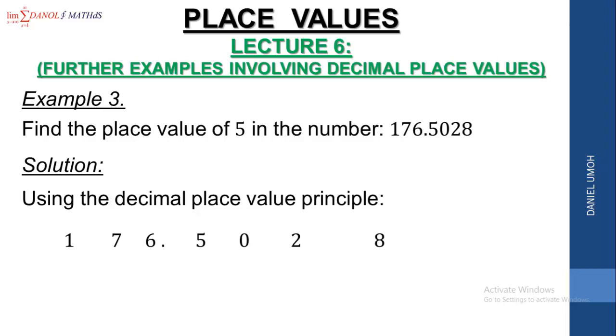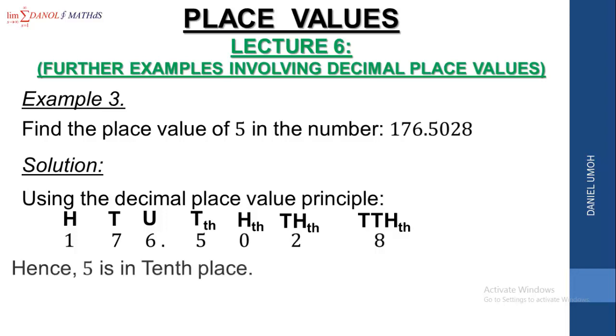From the decimal point, we have the units, the tens, the hundreds. Then after the decimal point, we have the tenths, the hundredths, the thousandths, and the ten-thousandths. Now, we are looking for the place value of 5 in the number. You can see clearly that 5 is under what? The tenth position. So, 5 is in the tenth place.